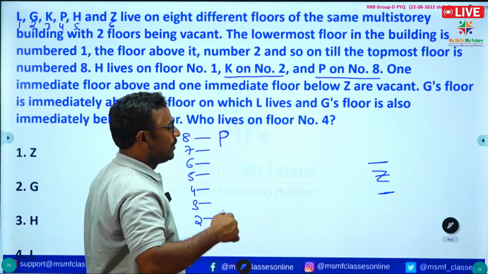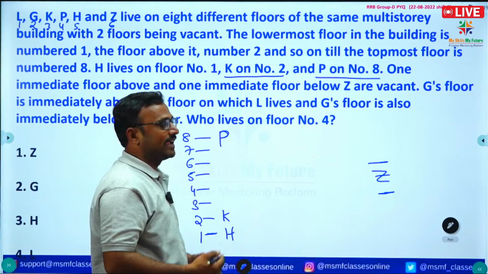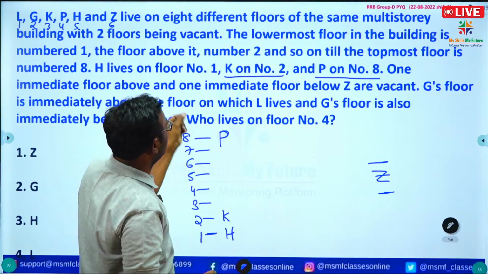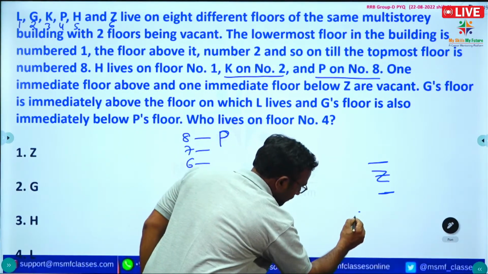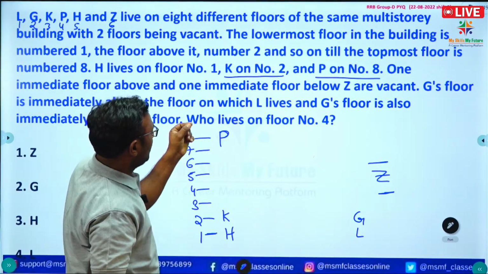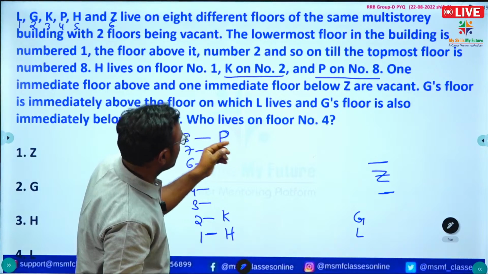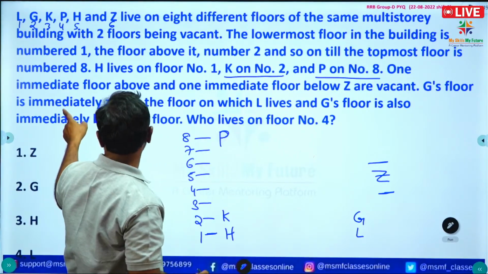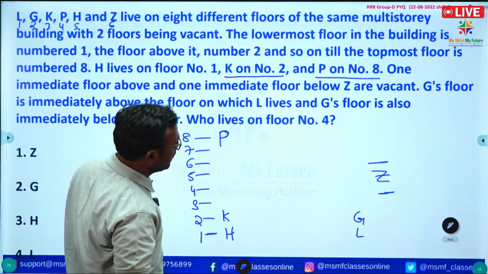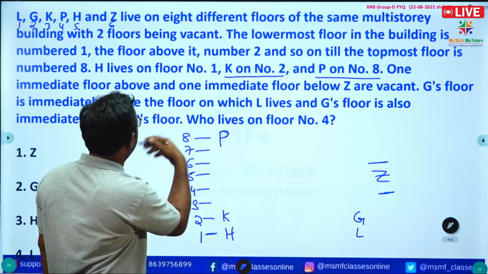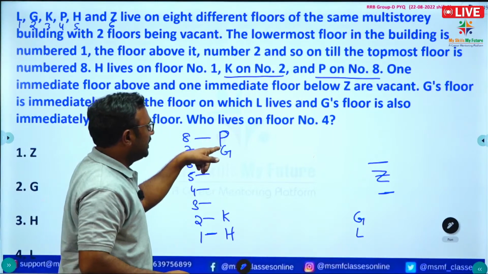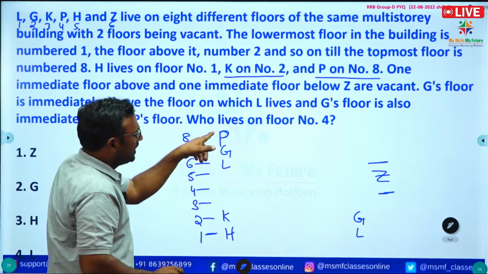G's floor is immediately above the floor on which L lies. G's floor is also immediately below P. So here P is there, here G is there. G is immediately above L and immediately below P.